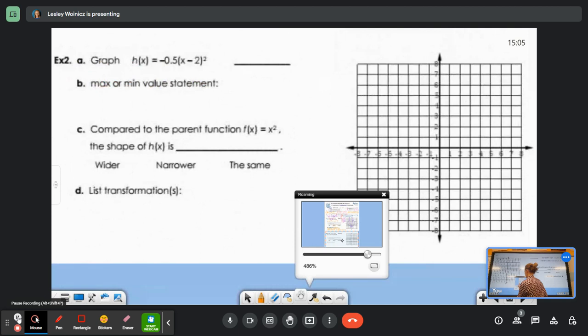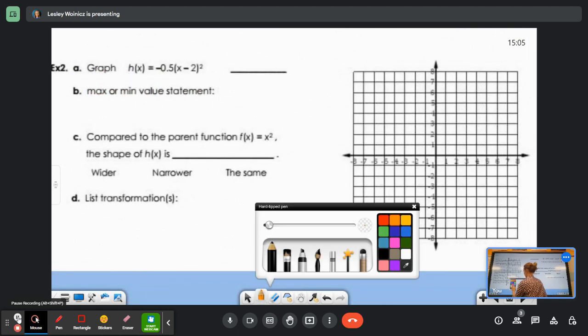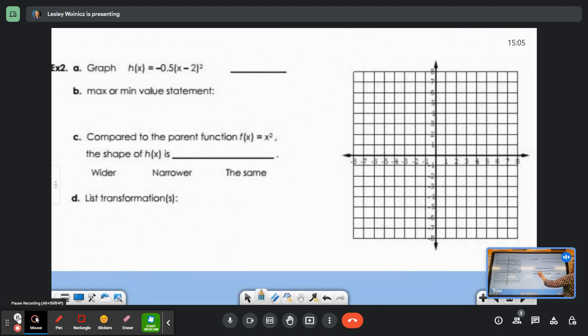Next one. Let's start with the a value again. What is our a value? Yeah, it's that -0.5. Good. So what does that tell us about our parabola? It's compressed. And what about the negative part? Upside down.